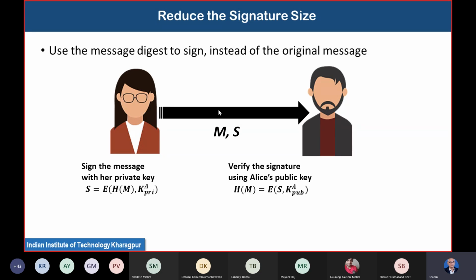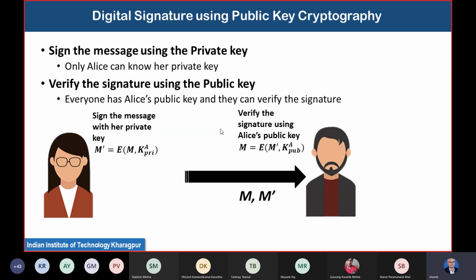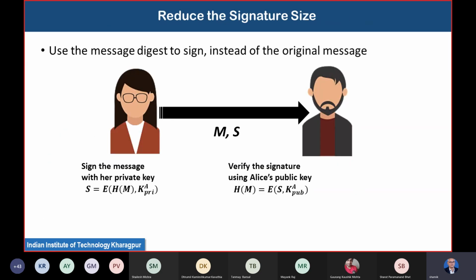So that is the additional reason why M is sent to Bob, but the signature is basically the encryption of the hash of it.